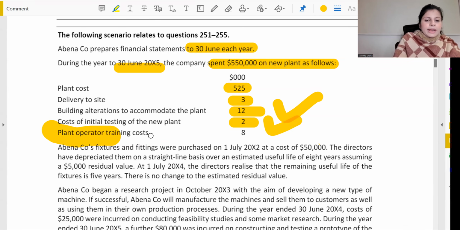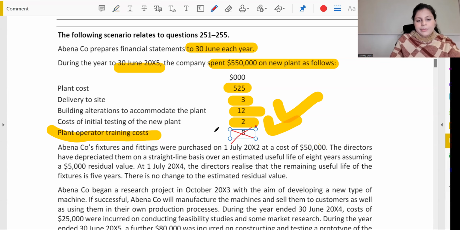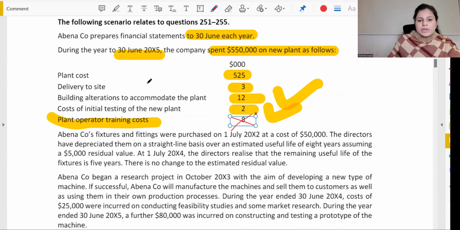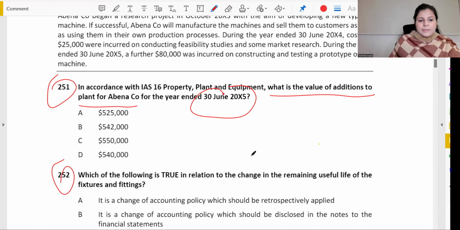Plant operator training cost, do I capitalize this? No. Because I do not control this, right? This is not controllable, so it is not capitalized. So how much is going to be my cost of addition? Add them all, 525 plus 3 plus 12 plus 2. How much is that? 542. So my answer is 542, B.